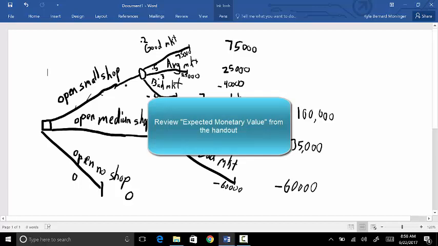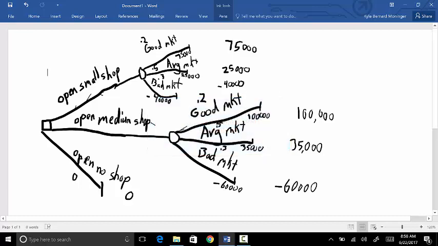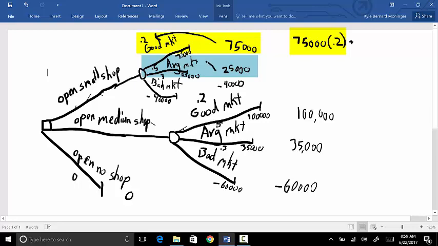I do this by rolling back on my tree, as the handout says. Every circle, or every event node, will have an EMV, an expected monetary value. The way we calculate this, we take the final monetary outcome of a path, 75,000, and then we multiply it times its probability. So for this first one, I take 75,000 times 0.2, then I add it to the next final monetary value outcome of a branch, weighted by its probability.